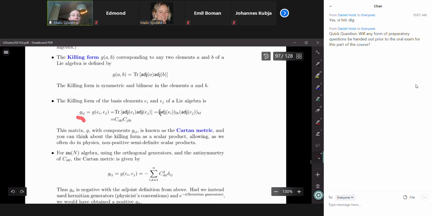So this, in terms of structure constants, is then the Killing form. It's defined for the adjoint representation. And this metric-like quantity is also known as the Cartan metric.